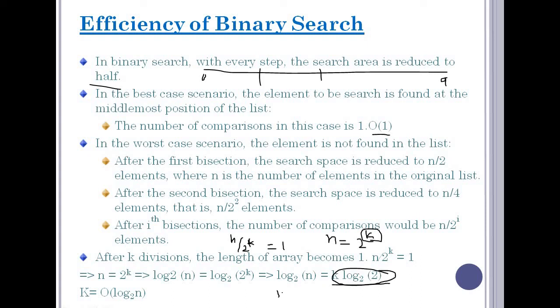So here my k is nothing but the number of comparisons that I am doing, and it is nothing but log of n to the base 2. So my worst case complexity is big O of log of n to the base 2. In this way, we can find out the complexity of the binary search algorithm in the worst case.